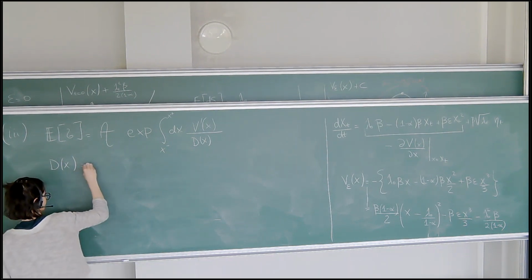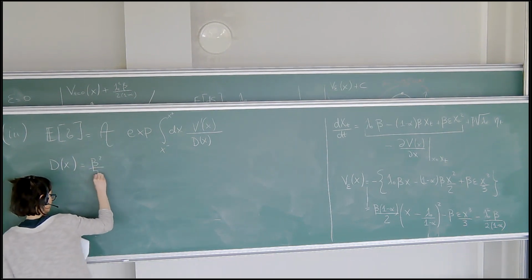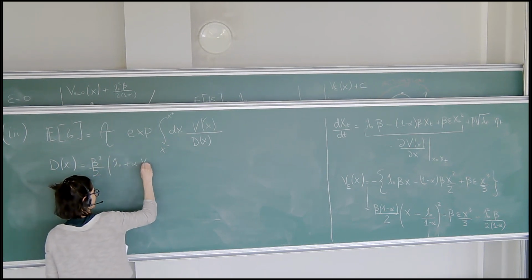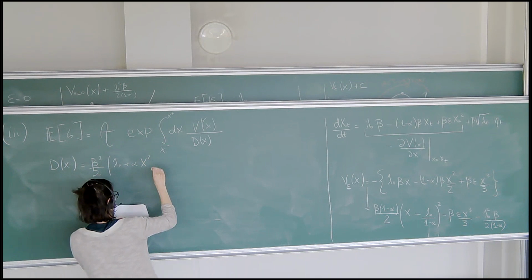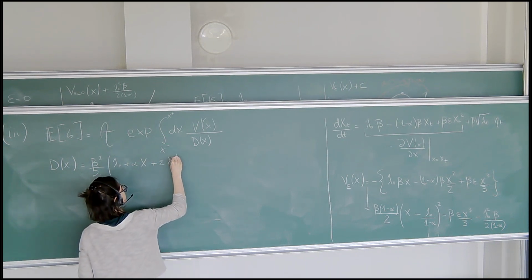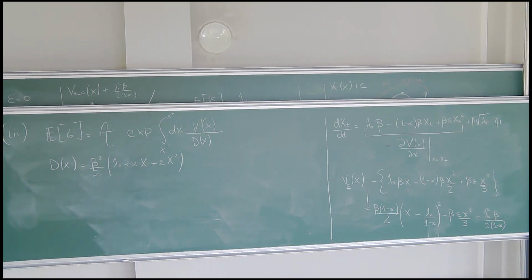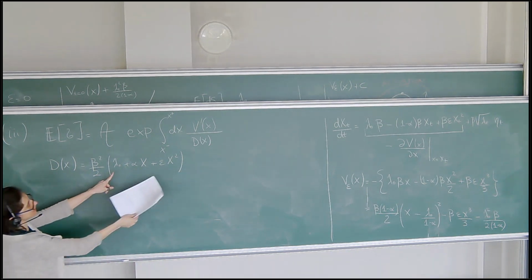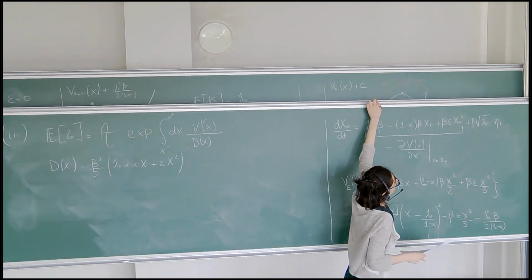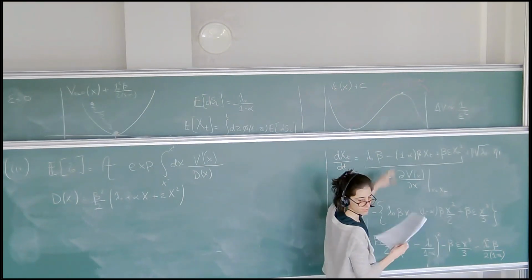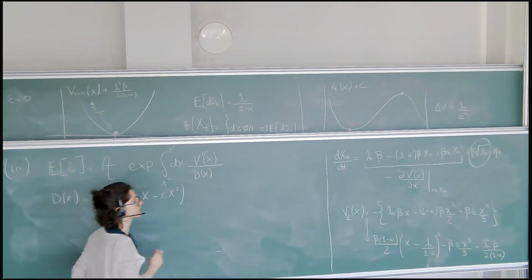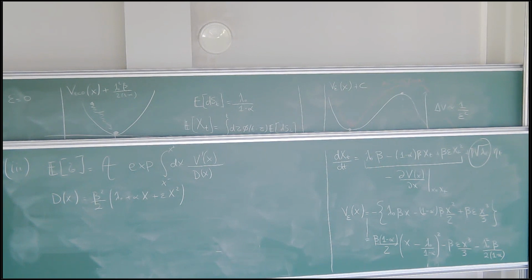So d of x is v square over 2 lambda 0 plus alpha x, plus epsilon s x square. So this was basically lambda t. And if you look at your Langevin equation in here, it is basically the square of this expression. So it is the variance of the noise.